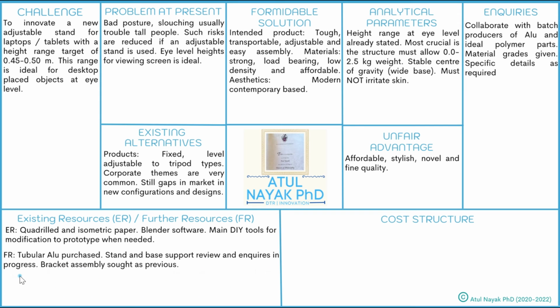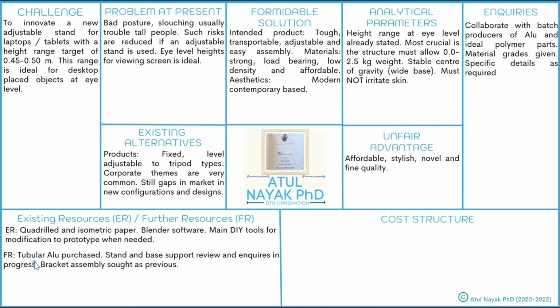Now for FR. So already I managed to purchase successfully at affordable cost tubular aluminium. Further materials that I'm still trying to acquire are strong polymers, brackets, steel nuts and bolts. Yes, specific materials according to your requirements can still be purchased.